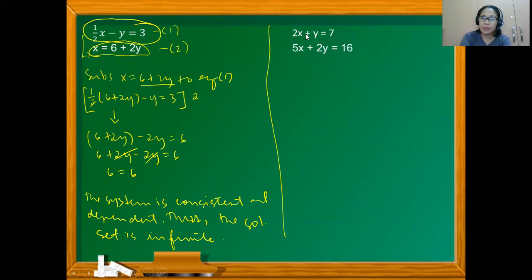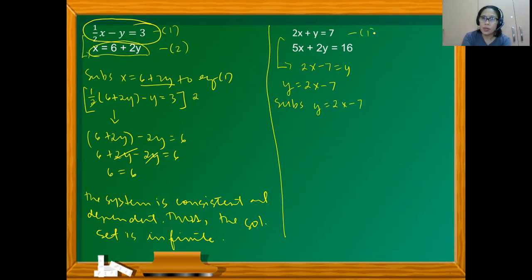we can solve for y of equation 1 here by transposing y on the other side and 7 on the other side as well. So we have 2x minus 7 equals y. So y equals 2x minus 7. Okay? And we will substitute, class, this y equals 2x minus 7 to equation 2.